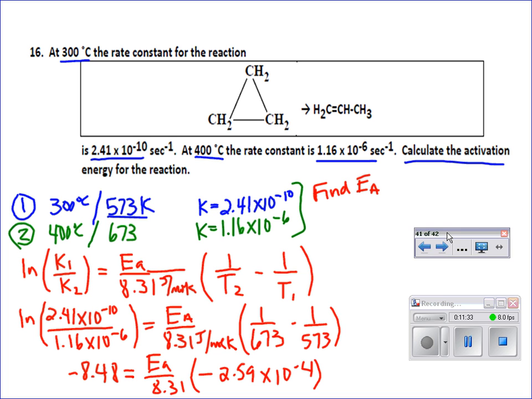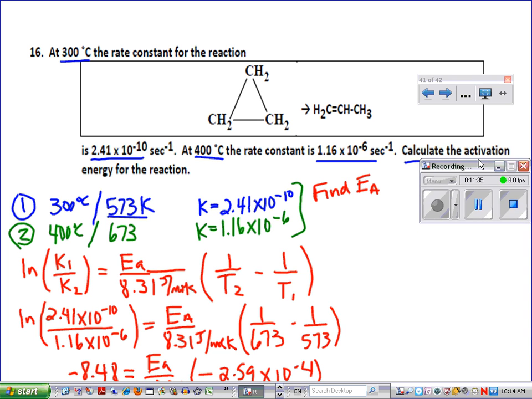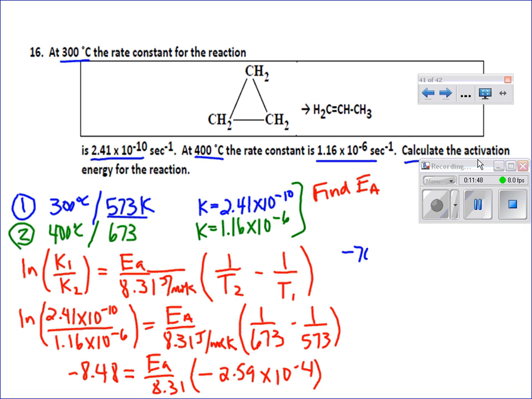So as I continue to solve, I am going to multiply my negative 8.48 by 8.31, and I get negative 40.4688 equal to activation energy times that negative 2.59 times 10 to the negative 4th.